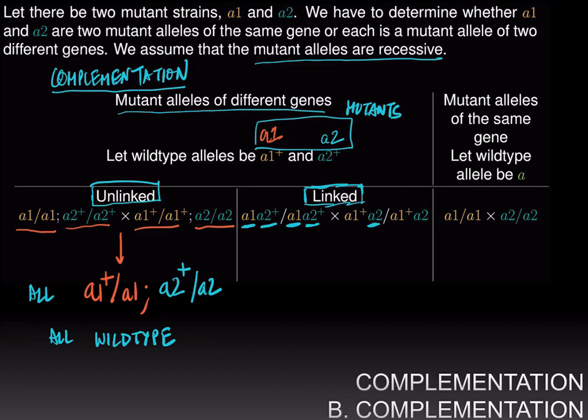Similarly, the second line is homozygous for the mutant allele of the second gene, A2, and it must be homozygous for the wild type allele of the first gene.